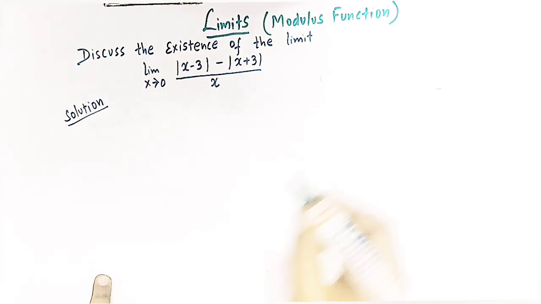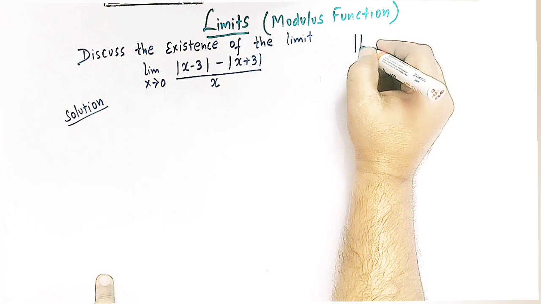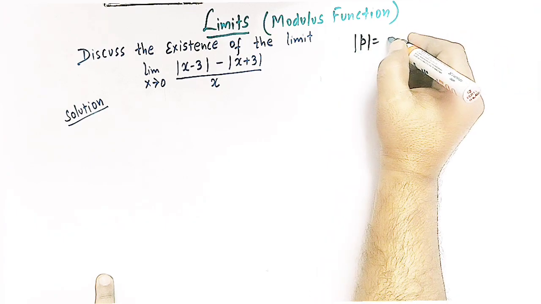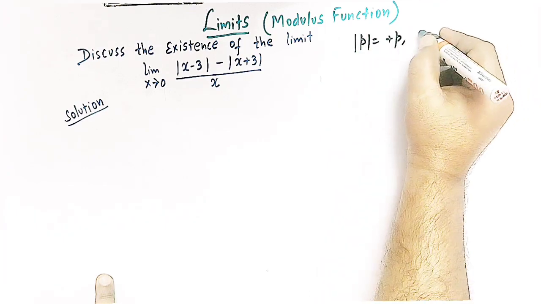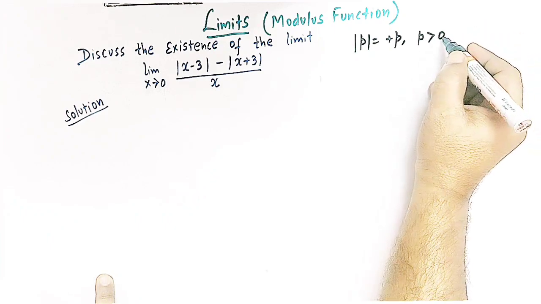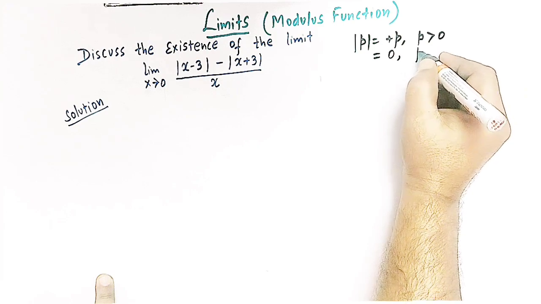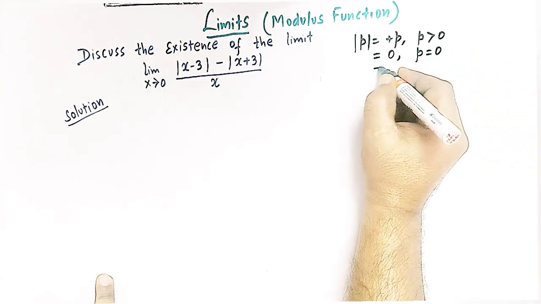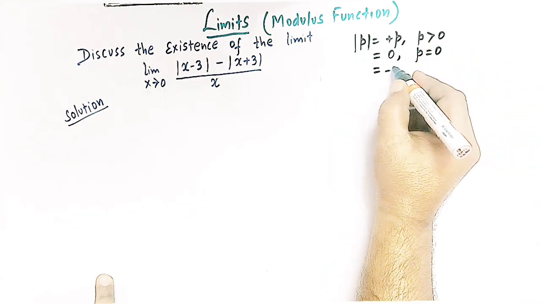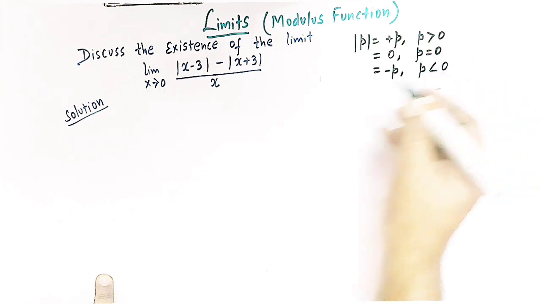So let us first see the definition of the mod function, right? Here mod of p is defined as positive p whenever p is greater than 0 or p is positive, and mod of p is equal to 0 when p is equal to 0, and mod of p is negative p when p is less than 0, right?